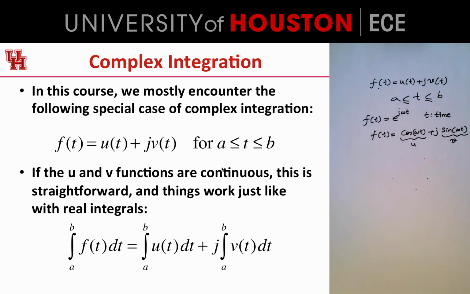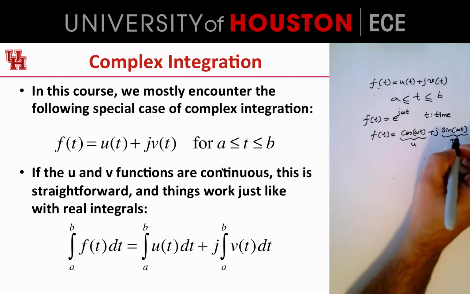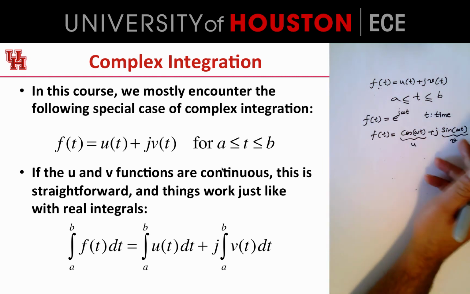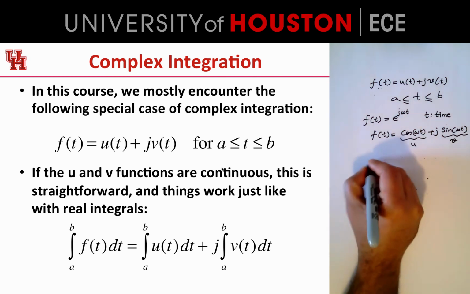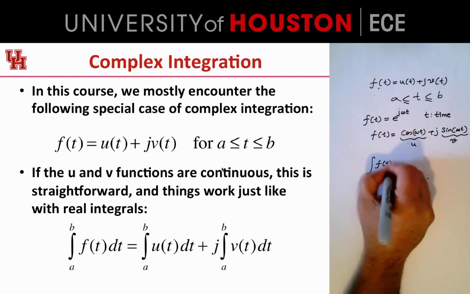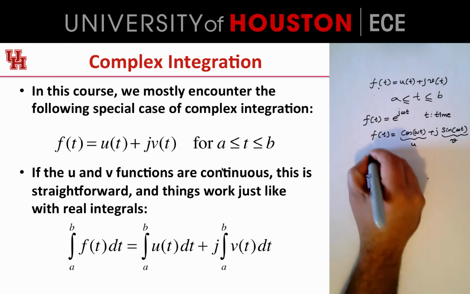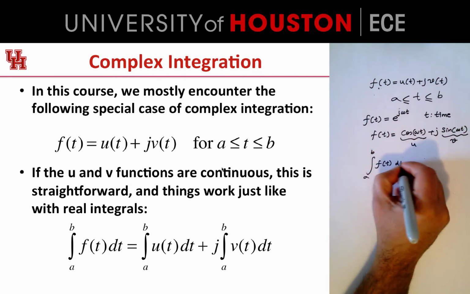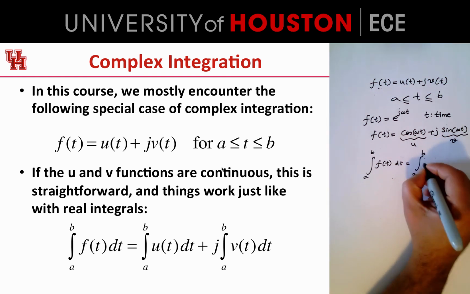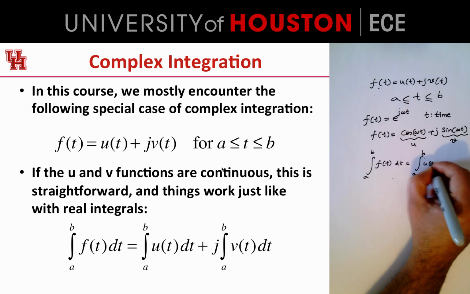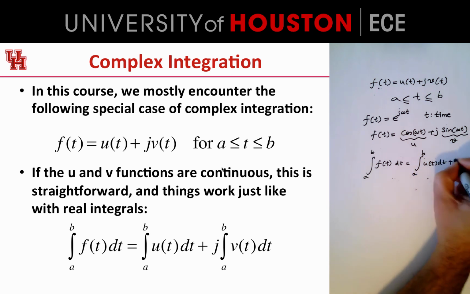And for this type of function, as long as u and v are continuous, and of course for cosine and sine they are, things are quite straightforward. So if I want to integrate f of t over the range from a to b with respect to t, then I simply spread it out between a and b: integral from a to b of u of t dt, plus j times the integral from a to b of v of t dt.